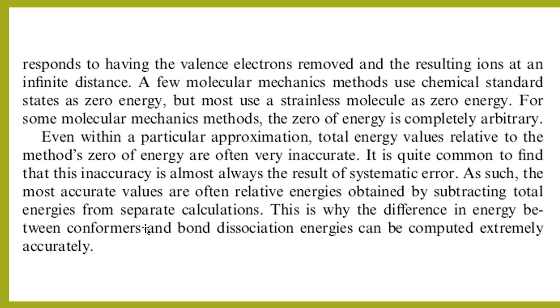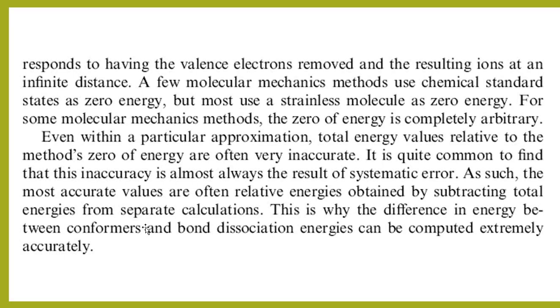My friend, even within a particular approximation, total energy values relative to the method's zero of energy are often very inaccurate. It is quite common to find that this inaccuracy is almost always the result of systematic error.